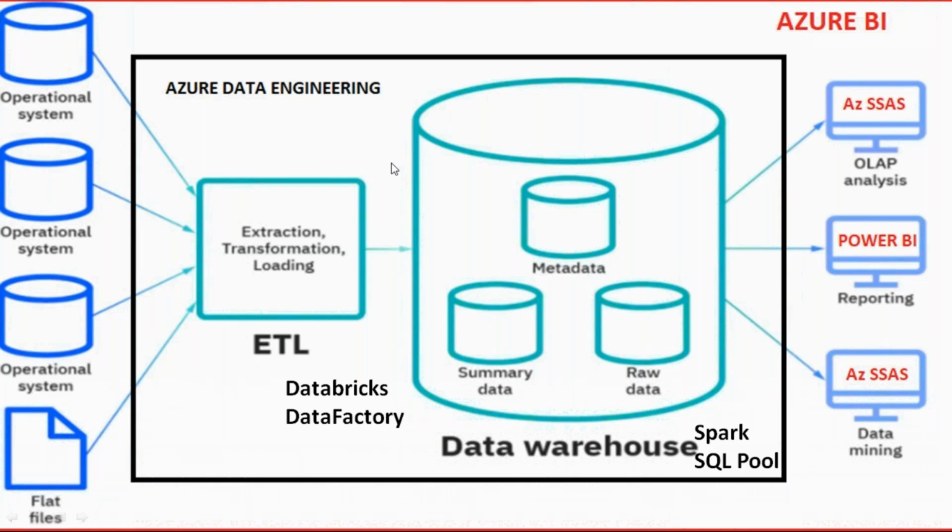I repeat, we have something called OLTP, and something else called data warehouse and OLAP. On the top right, we have something called OLAP. What are the full forms? We'll get them one by one.